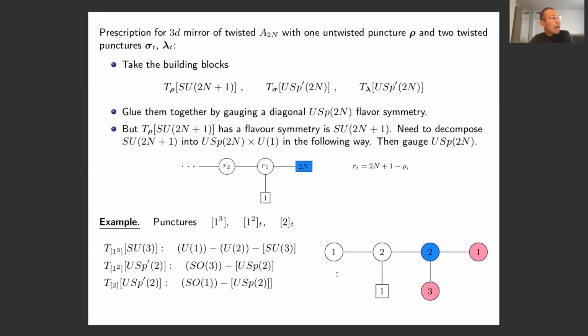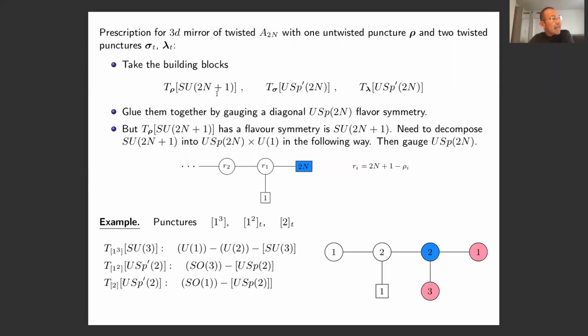So now you can form something like a star-shaped quiver, where I put star-shaped in quotation marks, because of the following. You take three building blocks. Suppose you have an untwisted puncture rho and two twisted punctures sigma and lambda, okay? You glue them together.